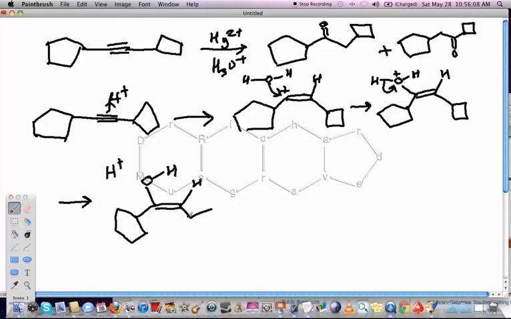Right, this produces our enol, and the enol can then be converted into the keto form, and I'll do this one in one step, just like I showed you in the terminal case. You could do it in one step if you wanted to.